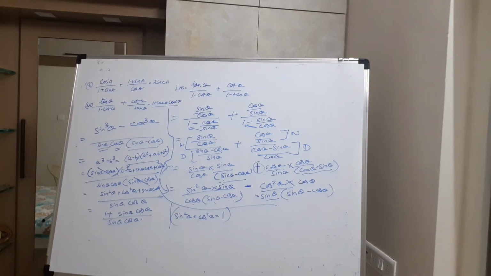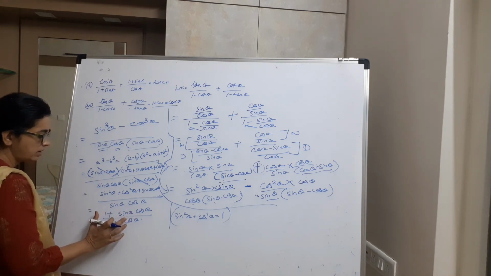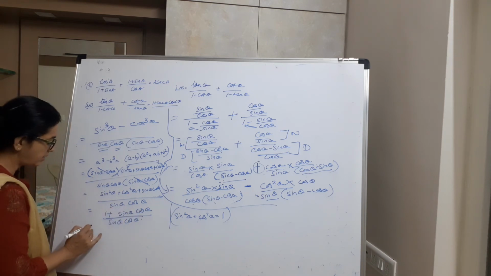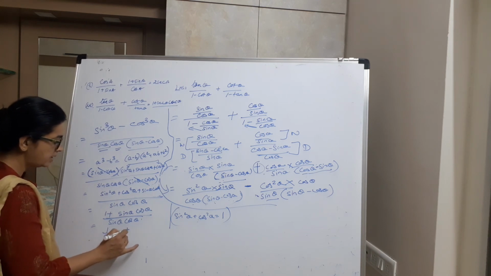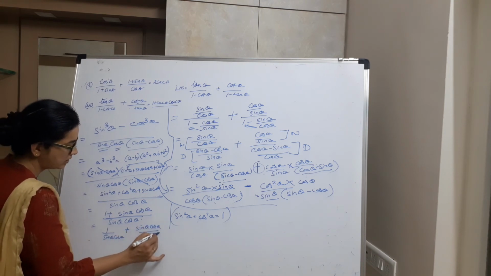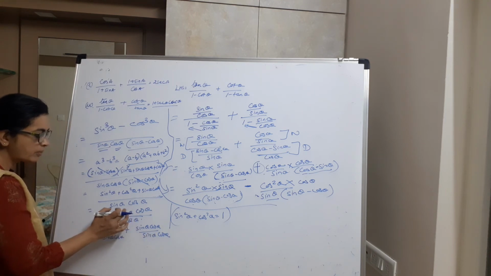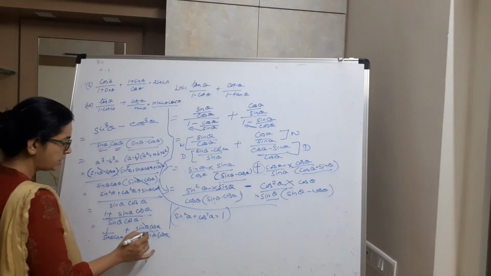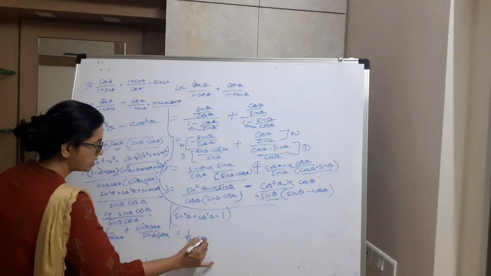Now separate the numerators. These two numerators are combined. Separate them, bifurcate them. 1 upon sine theta cos theta should be taken separately, plus sine theta cos theta upon sine theta cos theta. We are just dividing this denominator among the two numerators separately. This will get eliminated and we will get 1. So what will we get? 1 upon sine theta cos theta plus 1.